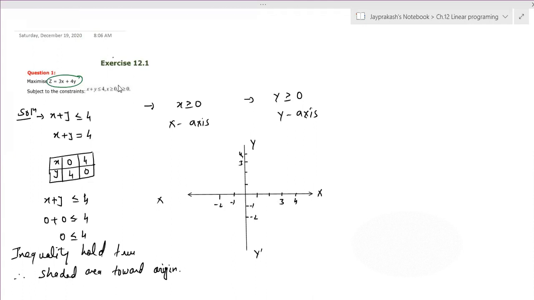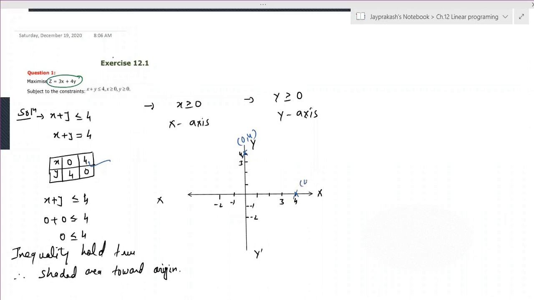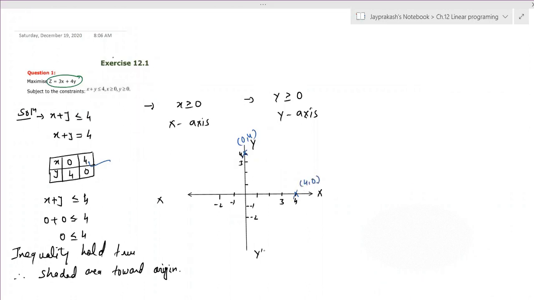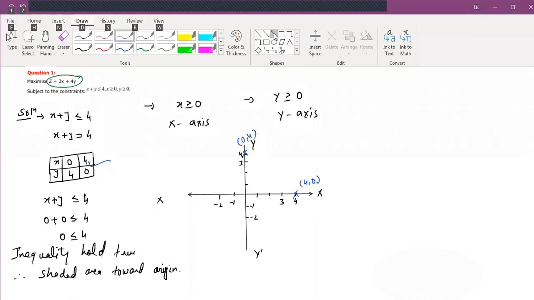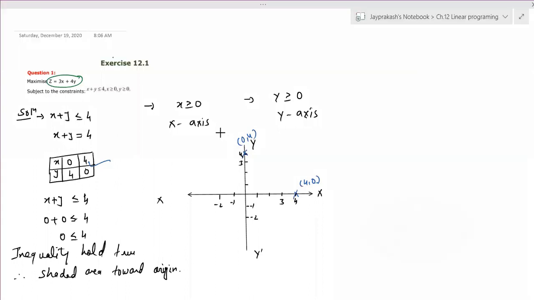Now for the first solution, when x is 0 and y is 4, our first point is 0, 4. The next point is 4, 0, on the x-axis. Now draw the graph.